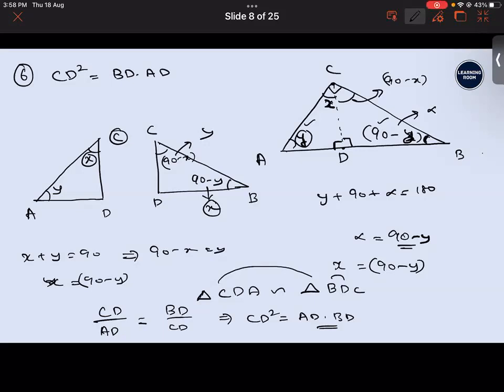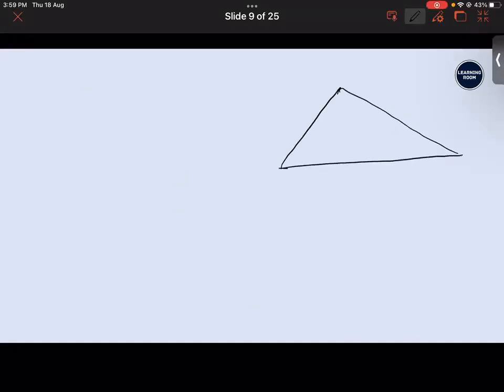Should I proceed? So if you observe the same problem, C, this is A, B, drop the perpendicular, this is D. Is that right? So if I take this angle to be theta, then how much will this angle be?